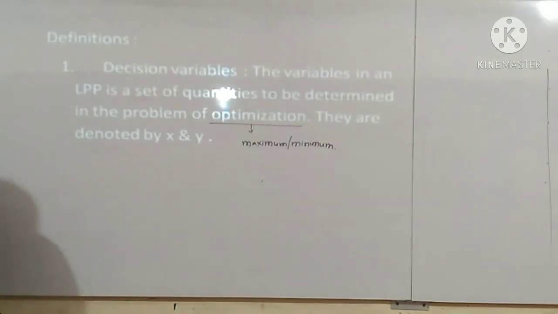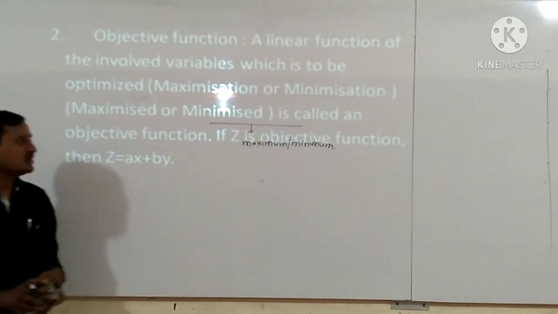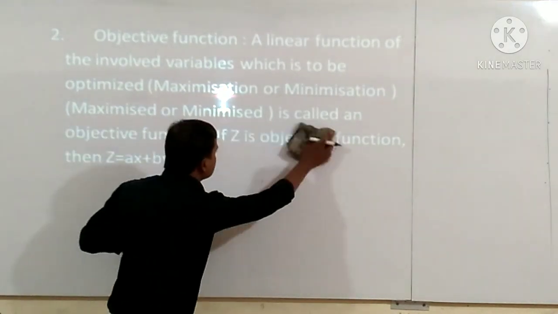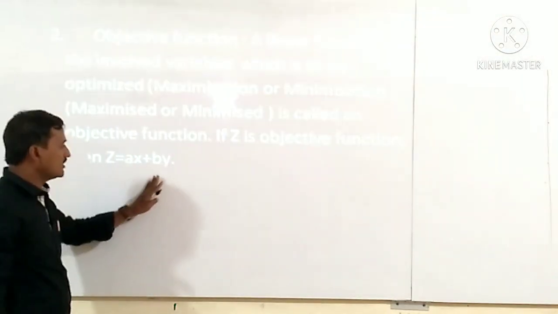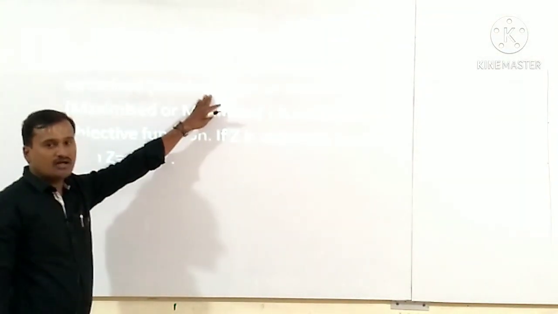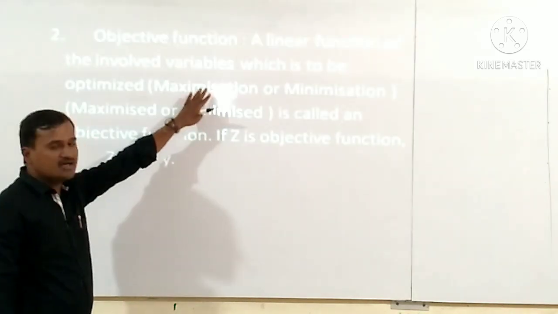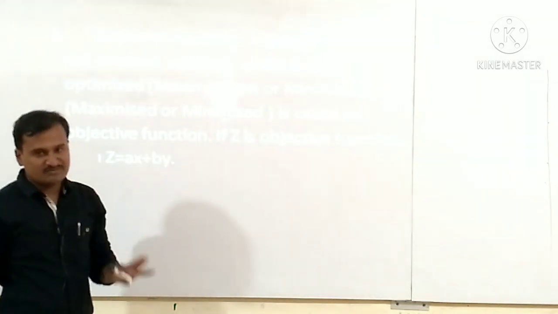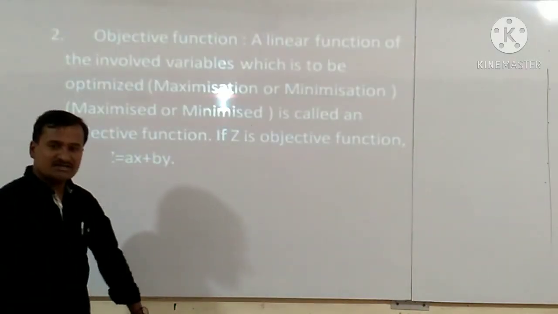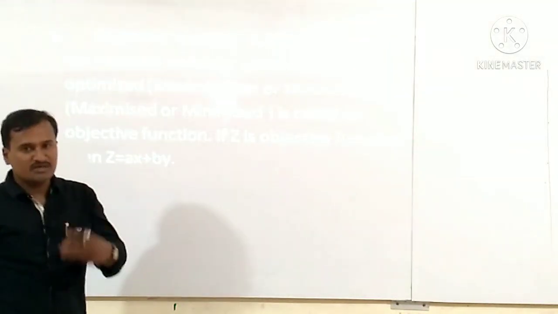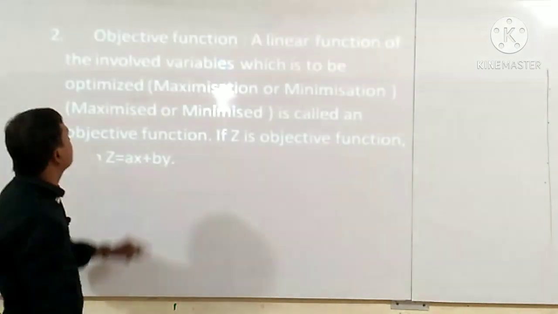Okay, right. So the next definition is objective function. This is very important. We always maximize or minimize the objective function. Now let us know what is meant by objective function.